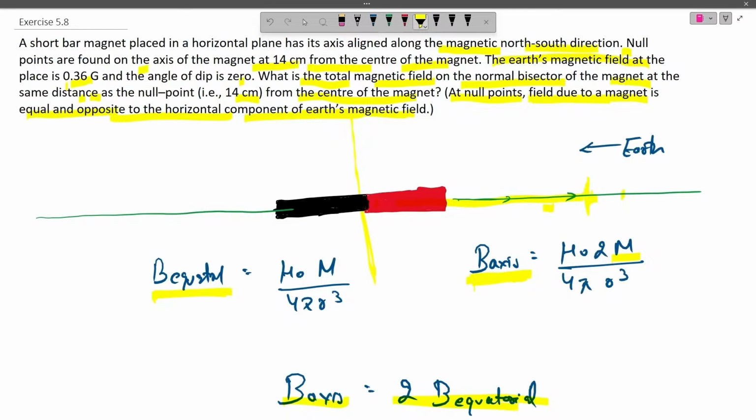That is, if we find the magnitude of magnetic field at 10 cm away from the center of the magnet on the axial position, and let's assume its magnitude is A, then the magnitude of magnetic field at the equatorial position at 10 cm away from the center would be equal to A by 2. So let's proceed.